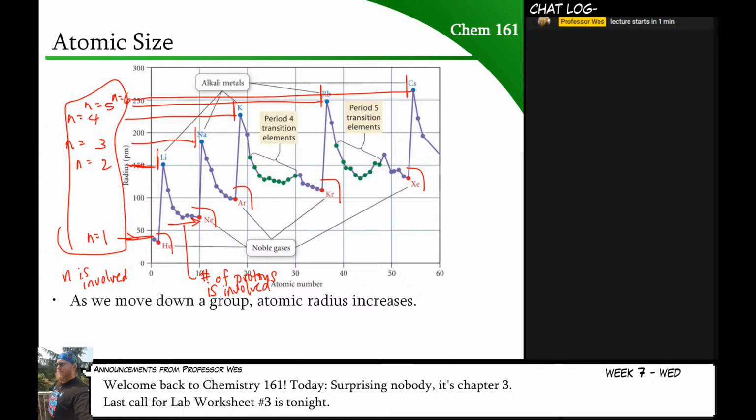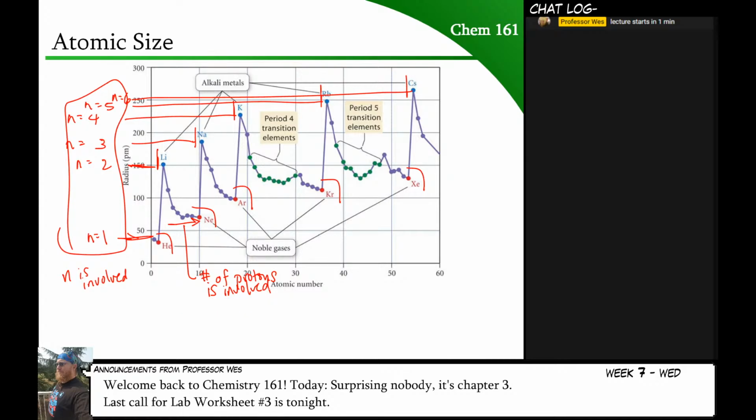If the atomic radius is just defined as how big the electron cloud is, and protons are what are pulling on the electron cloud, then the protons must be what is influencing the size, right? So these two factors are involved by looking at the data on the screen here. Number of protons somehow, and then also the principal quantum number, how far away the electrons are allowed to go in their highest level energy orbital.